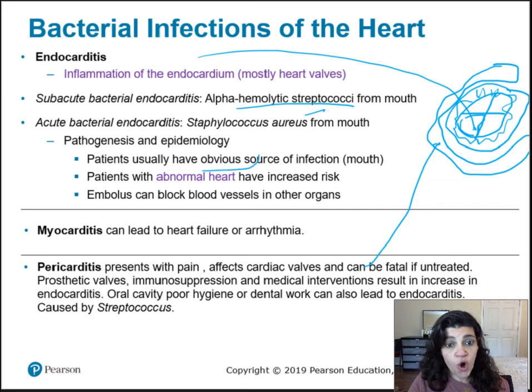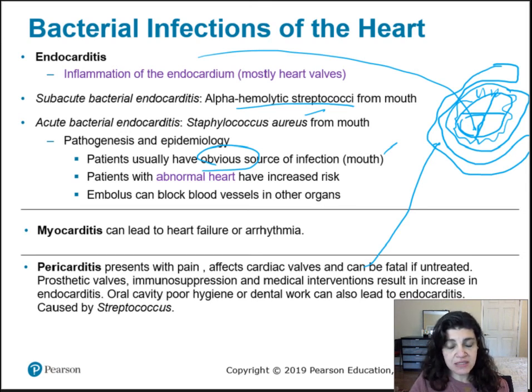Usually there is an obvious infection in the mouth, so it's not something that goes unnoticed, and it would cause abnormal heart rate and embolus can also block blood vessels in other organs, which is another complication.